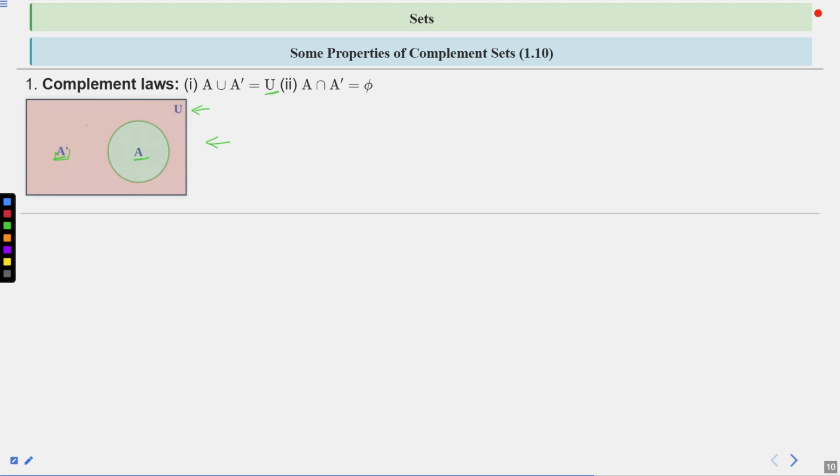Now for A intersection A complement, if you try to observe the common elements from set A complement and A, are you getting any common elements? No. Both sets A complement and A are disjoint sets. From this representation we can say that there are no overlapping areas for A complement and A. Clear? I hope this is clear from this representation.